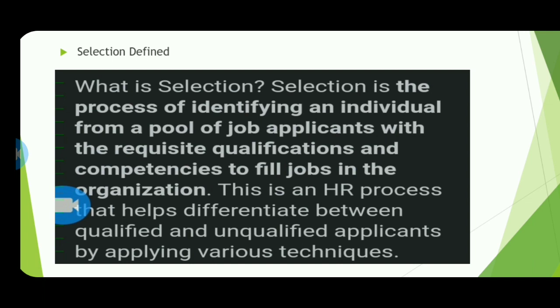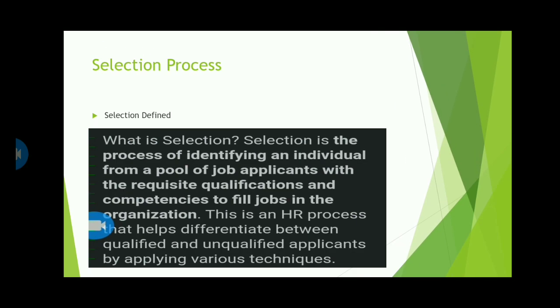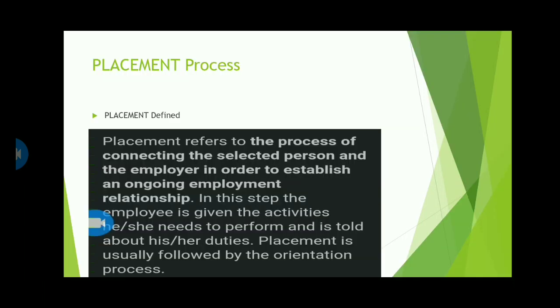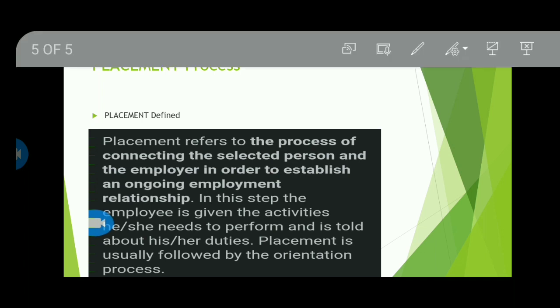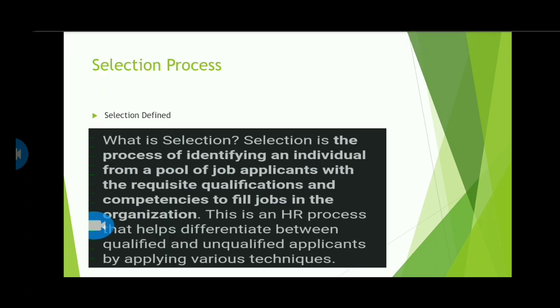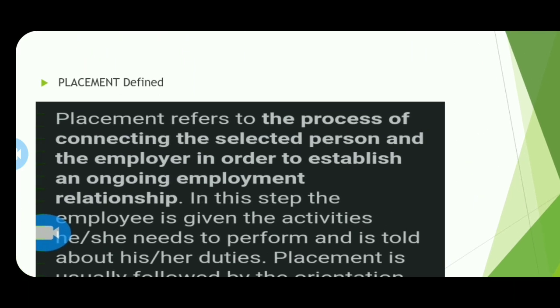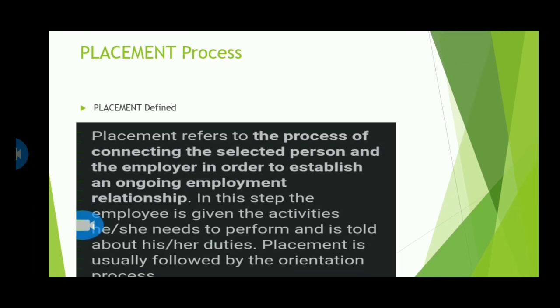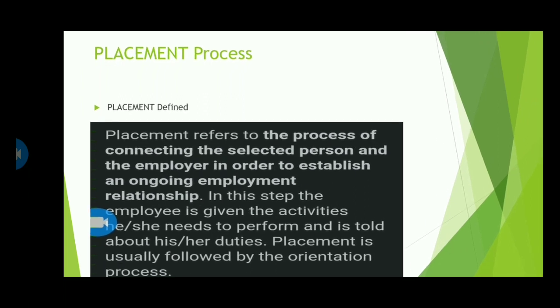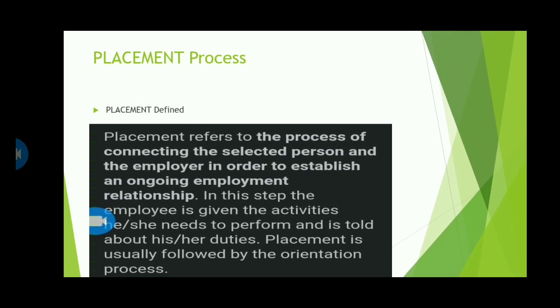Another function of human resource management is the placement process. As stated on the screen, placement refers to the process of connecting the selected persons and the employer in order to establish an ongoing employment relationship.